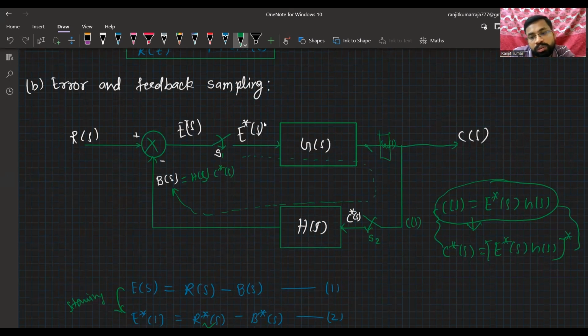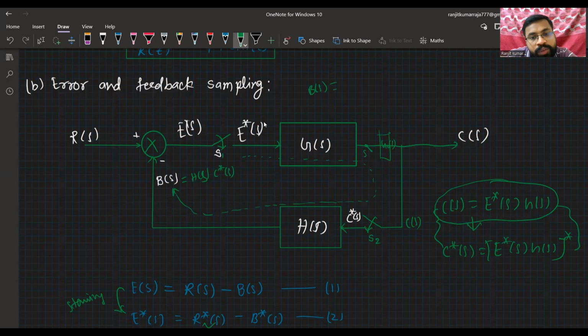Don't be confused, just follow the same steps. Whenever you see a sampler, start from the first sampler and go till the end. Let's suppose here one sampler I have added. So how can we write B of S?